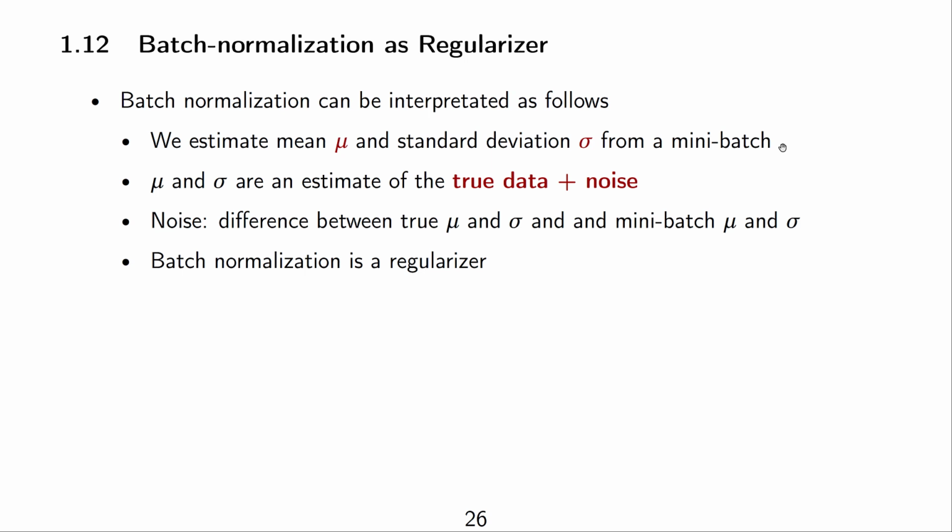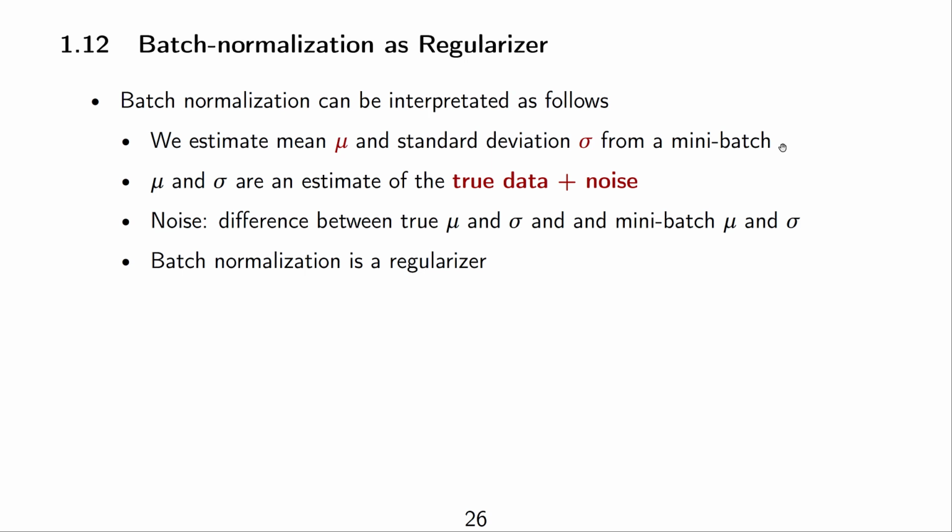So we could think of batch normalization during training as this mu and sigma being an estimate of the true mu and sigma of the whole data set or the whole population under consideration, plus some noise. And this noise is the deviation of the estimation in the mini batch from the estimation in the complete population.